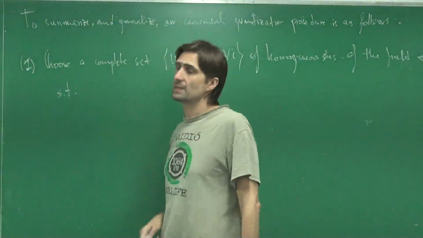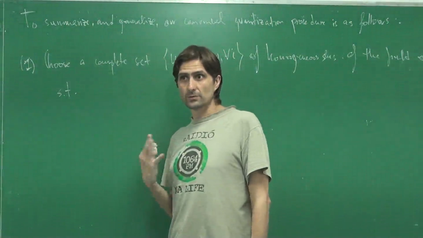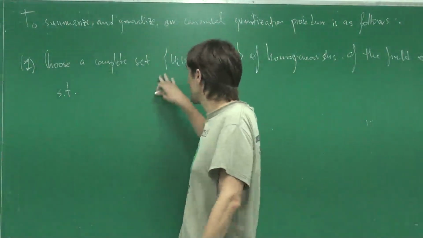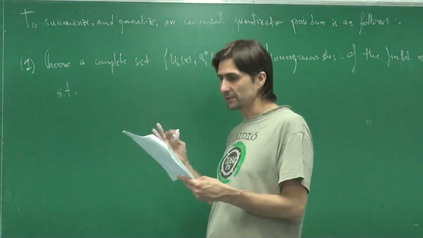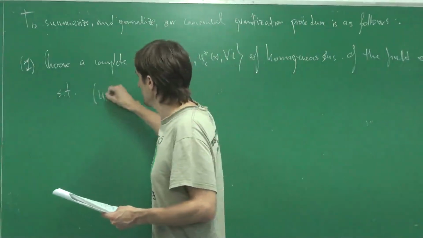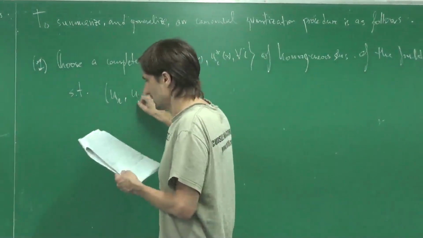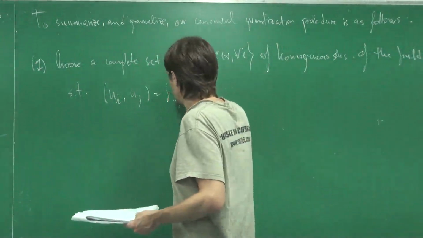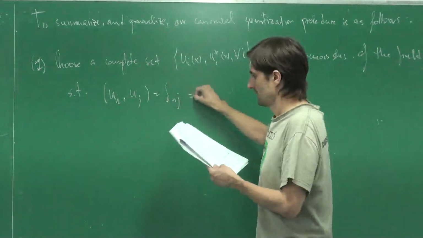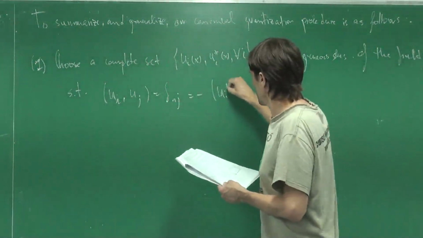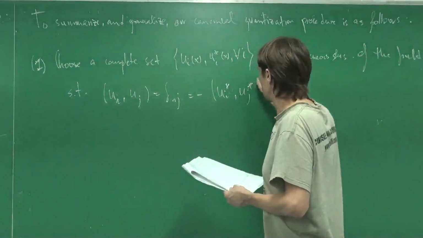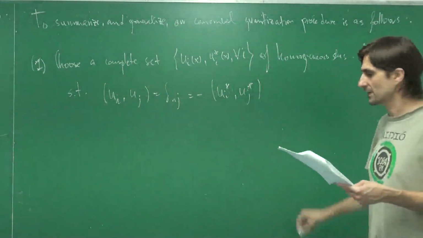The really important thing is you want to split your complete set into positive frequency solutions and negative frequency solutions. So some u_i's which are positive frequency and complex conjugates of that which will be negative frequency.